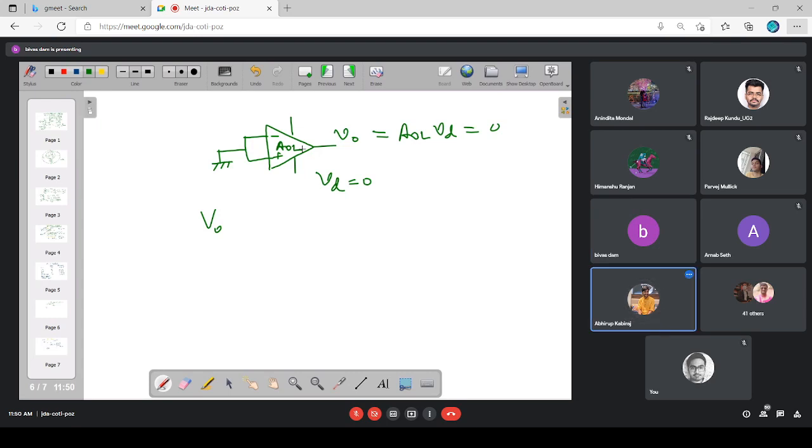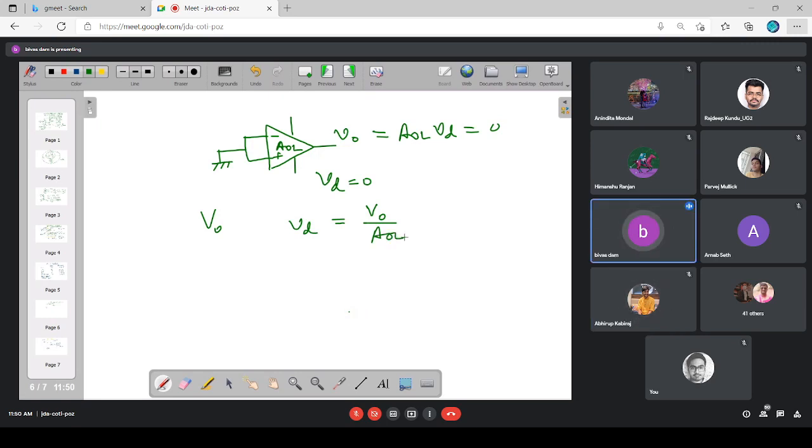And what is the input difference voltage? The actual, practical input difference voltage in this case is nothing but V0 by AOL.